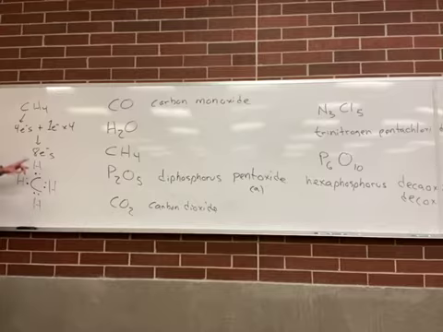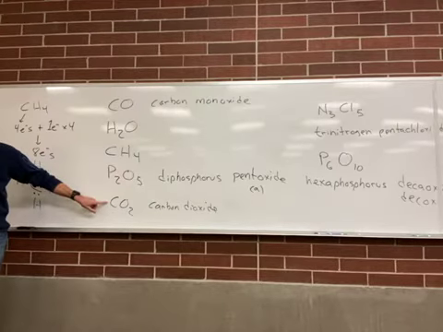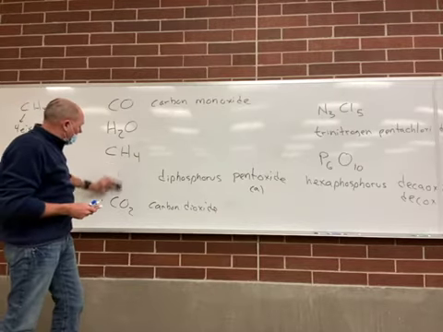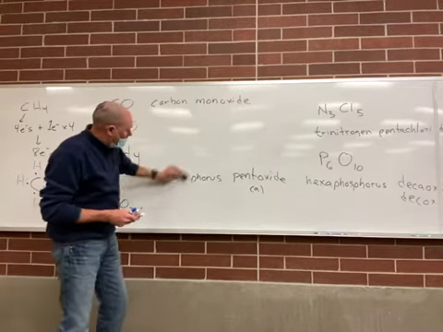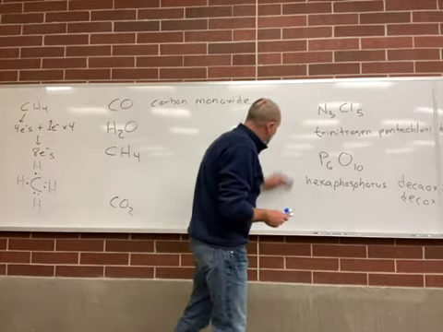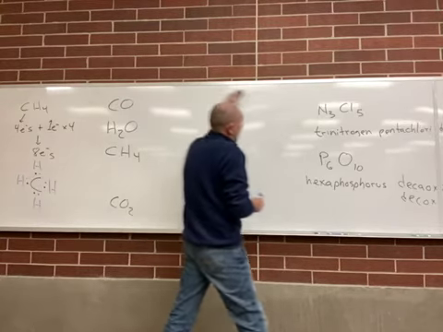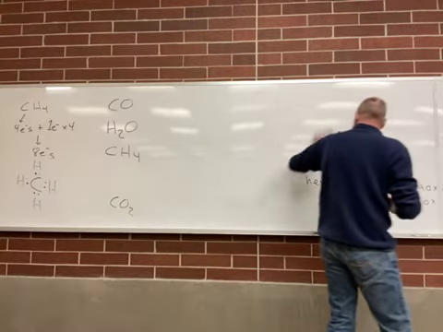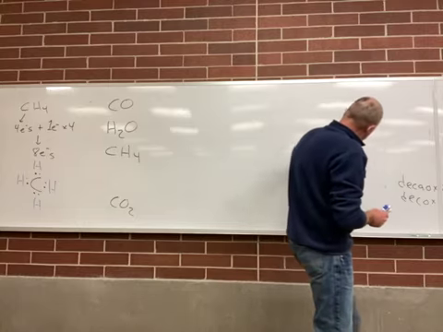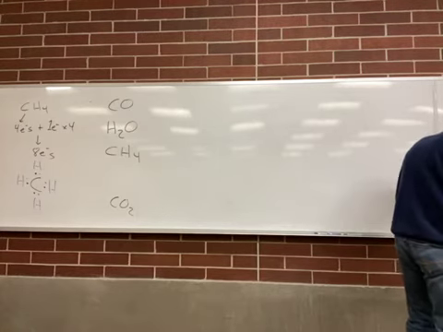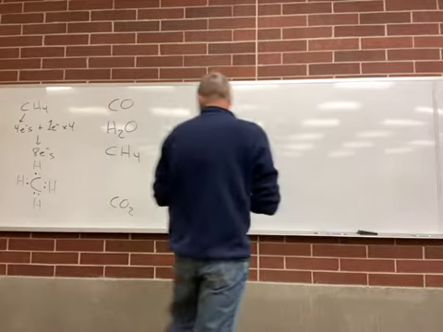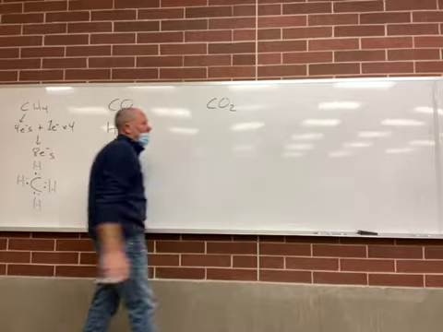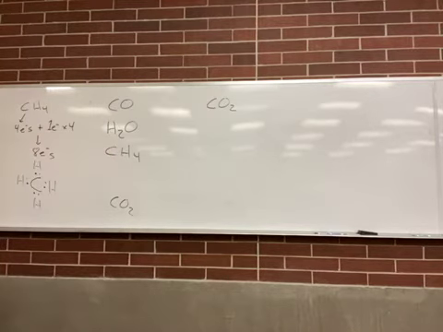Okay? Now, let's contrast that with carbon dioxide. What does the structure of carbon dioxide look like? Can we come up with a good Lewis dot structure for carbon dioxide? So the way we do this, for carbon dioxide, I just want to draw it and ask how many valence electrons each of the atoms brings in.